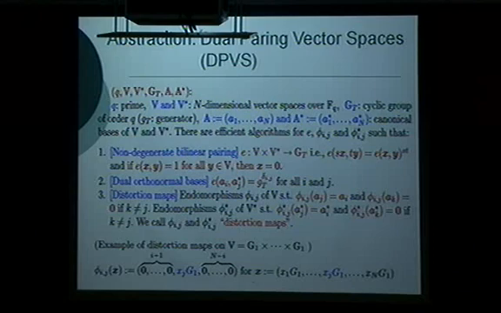The typical example of distortion maps is the direct product construction.